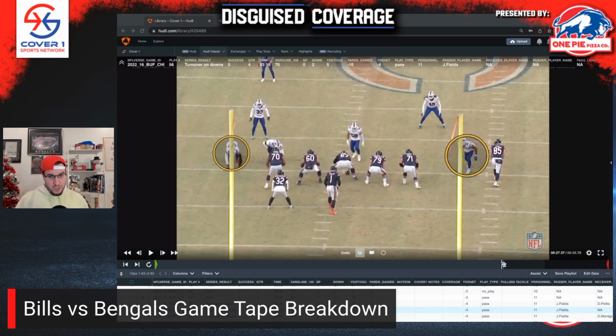But we'll start with AJ Epenesa here on this play, because you want to commit as many numbers into coverage as you can against a team with weapons like the Bengals have. So the more numbers you have in coverage, the better. If you can drop 7 or even 8, cool. No matter what, you've got 5 offensive linemen and a quarterback. That means on any given play, there's 6 right there. 11 minus 6 is 5.